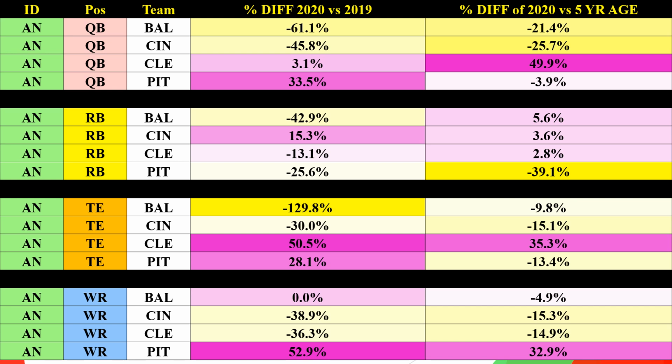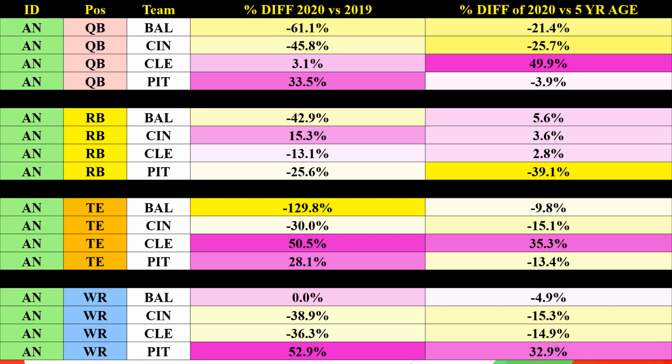So if you throw that out, we really see a decline in Baltimore and Cincinnati in the quarterbacks. I think Cleveland is about the same, and Pittsburgh's probably closer to Cleveland here. Just note that Cleveland's quarterback crew is coming up and has improved, and there are big concerns about Baltimore and Cincinnati.